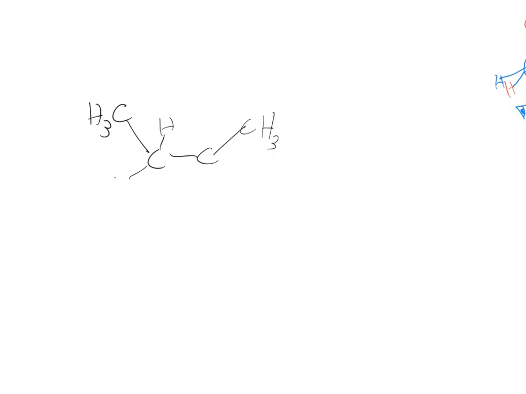I mean, it doesn't really matter. And same thing with this third carbon. But I wanted to draw it this way because that way you can see there's my eyeball, and I'm looking at the angle between carbons 2 and 3. Okay, so now this is carbon 2, this is carbon 3. Now we're talking about this dihedral angle.